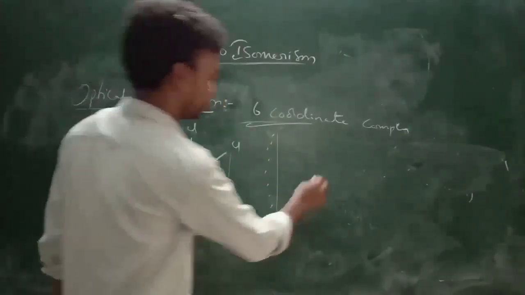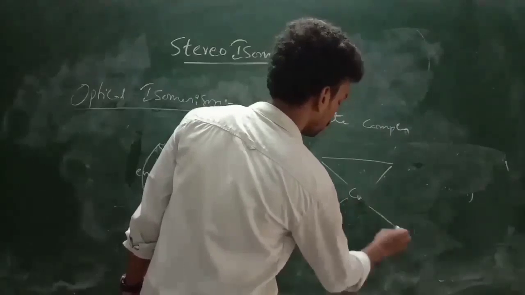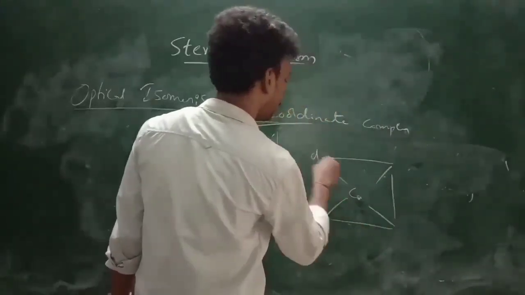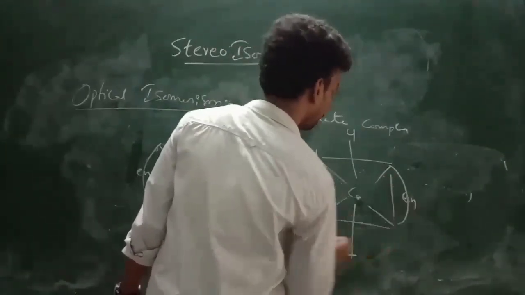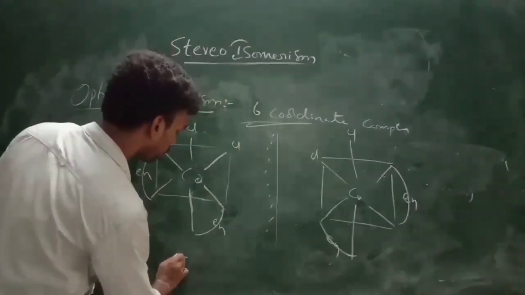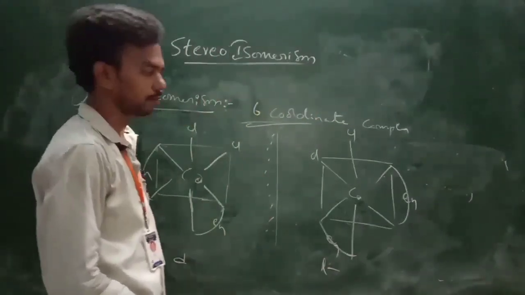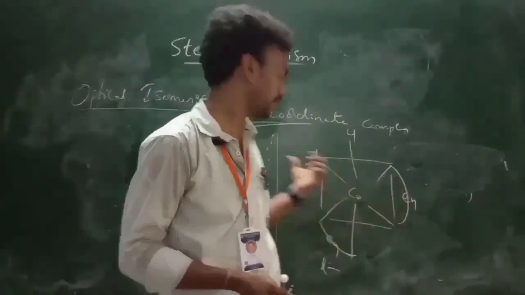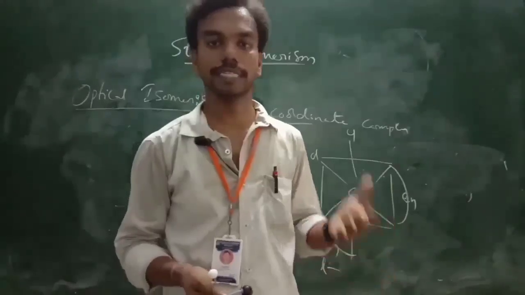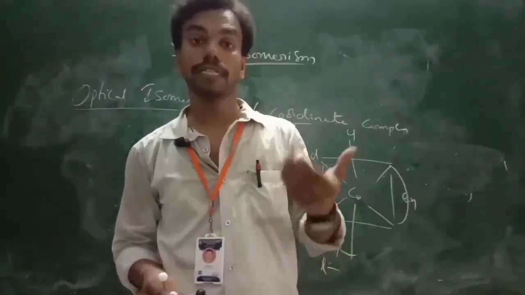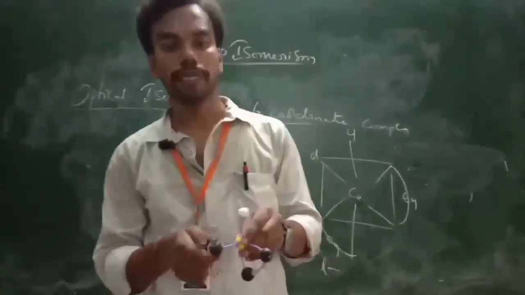So the mirror image of this complex, chlorine, ethylene diamine and ethylene diamine. So here this is D and this is L. Okay, so you are getting two forms. One rotates the plane clockwise and the other anti-clockwise. If it rotates clockwise, that is dextro, that is the D isomer. If it rotates plane polarized light to the left side, that is levo. Okay, so you are getting two optically active isomers, right?